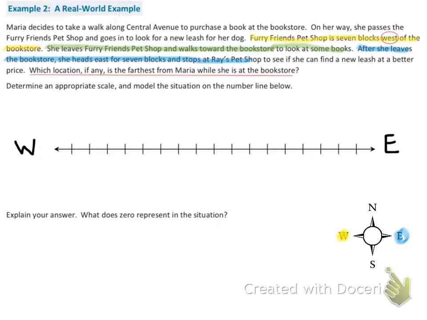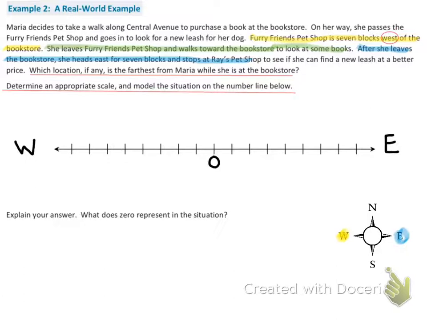Now we need to answer which location, if any, is farthest from Maria while she is at the bookstore. So the first thing I need to do is find the bookstore. Oh, and I need to determine the scale. That's the first thing I need to do. I apologize. So I need to start by finding 0. And I know that I need to label -7 and +7.